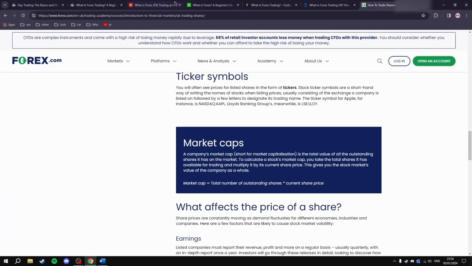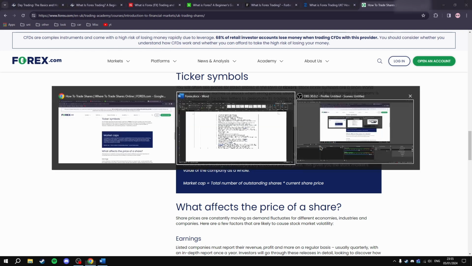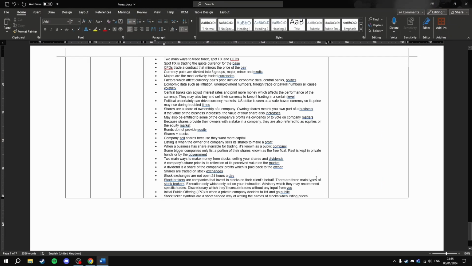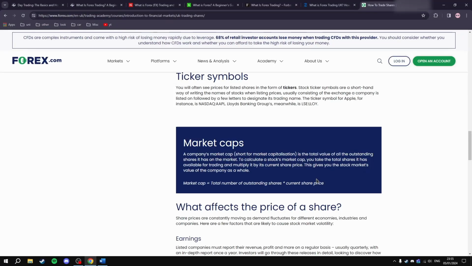So for Amazon it's going to be like AMZ or something like that. Usually it consists of the exchange it's listed on followed by a few letters.